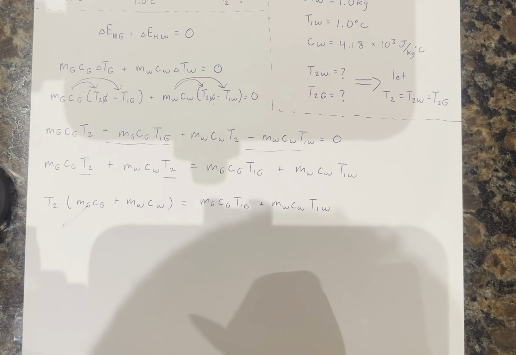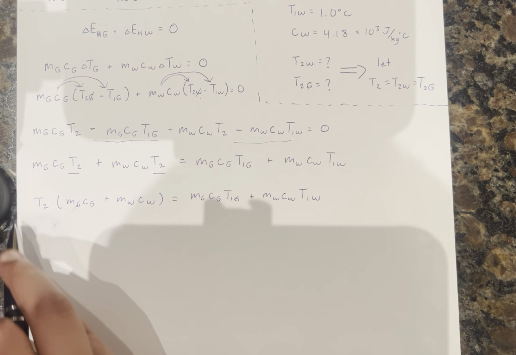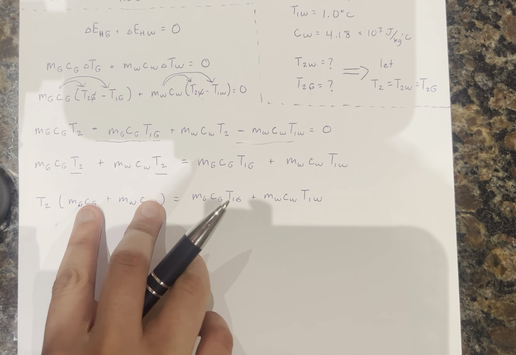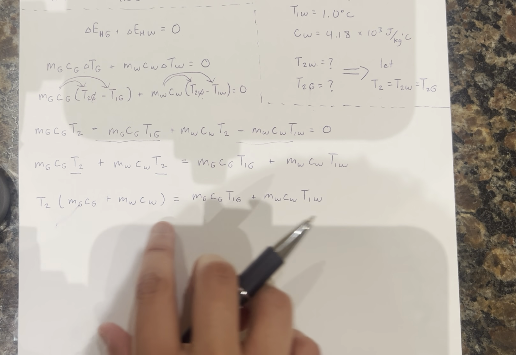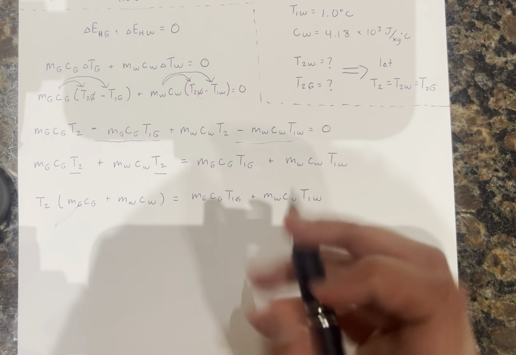So now, since we're trying to isolate T2, that's our main goal here, we can divide both sides by what's in the bracket here, and this will be divided by this.